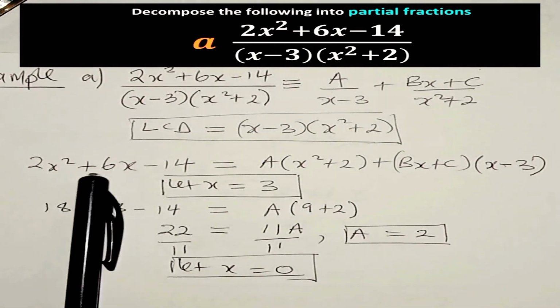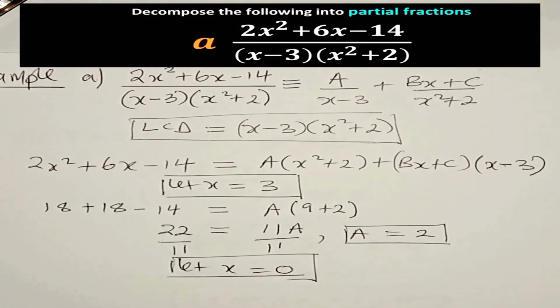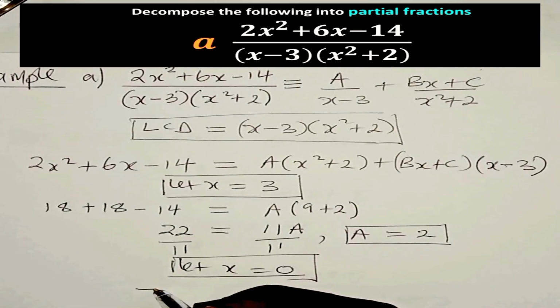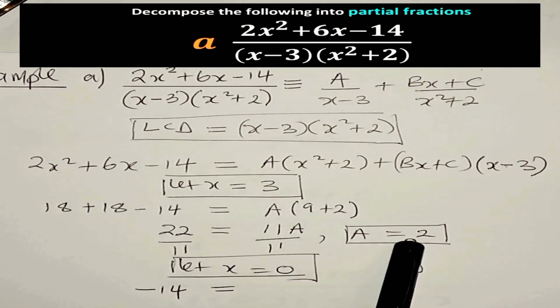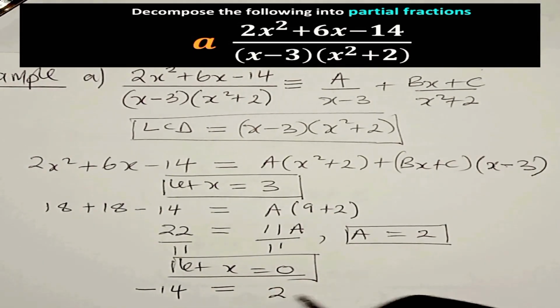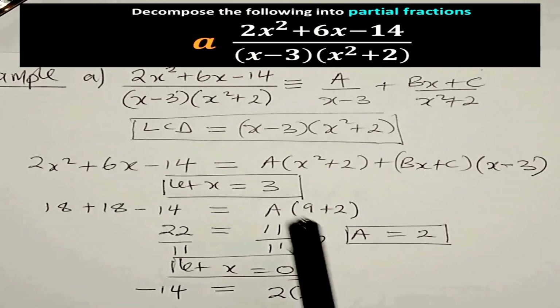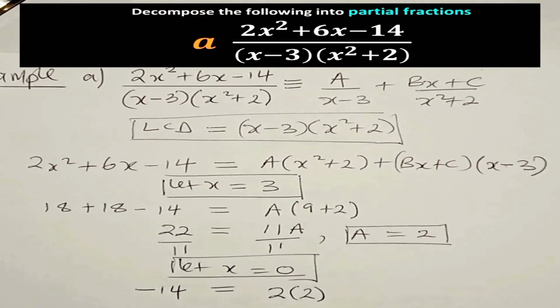You get 0 for that term, and you remain with minus 14. So we have minus 14 is equal to A, and A is 2. So we have 2 multiplied by 2, because we have 0 squared plus 2, that's 2.